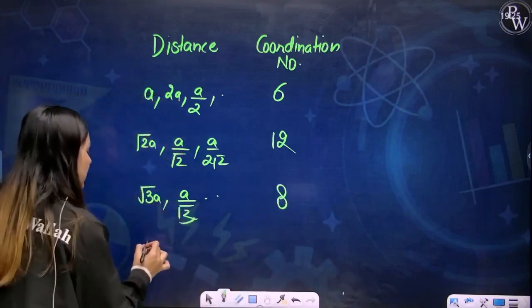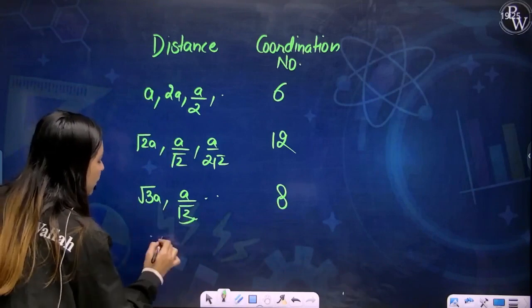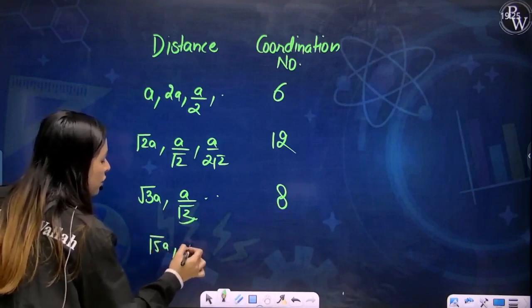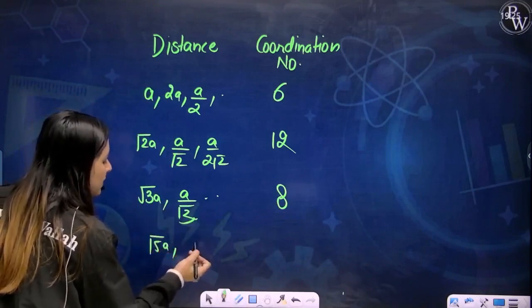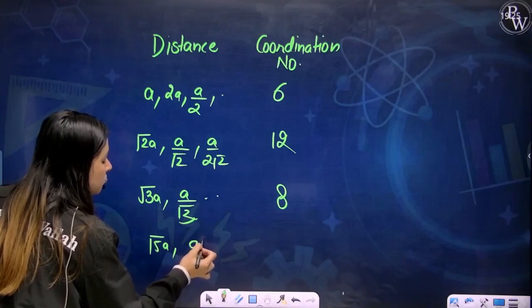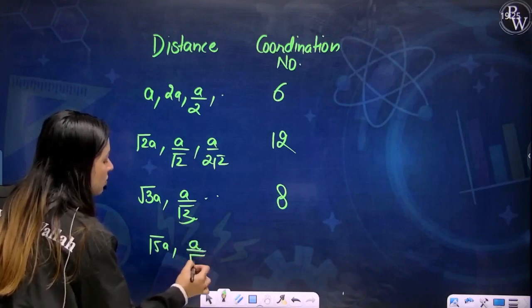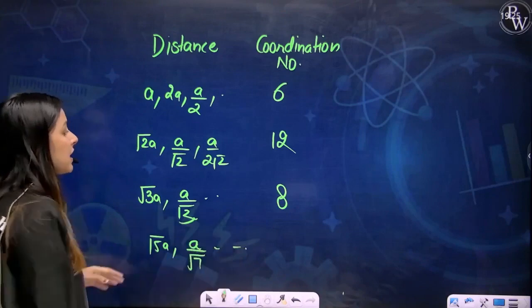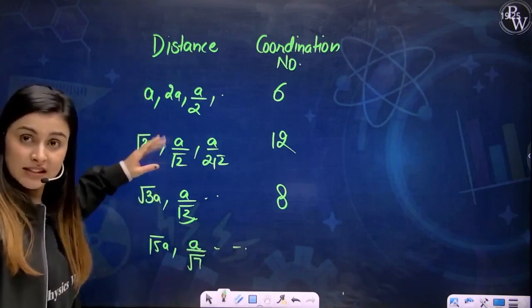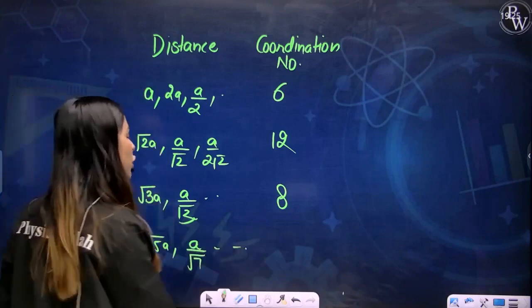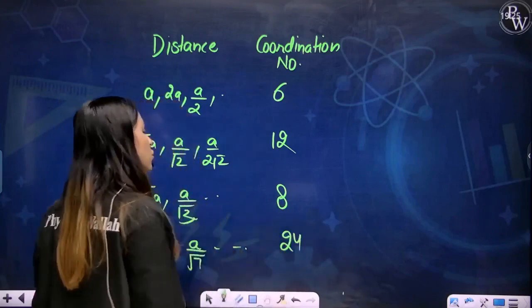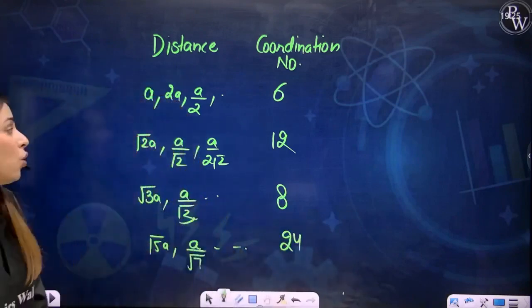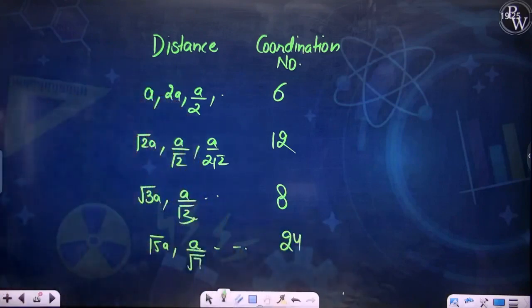Other than these, let's say root 5A or let's say A by root 7 or something, any distance other than these multiples, your coordination number will always come out to be 24. It will always be equal to 24.